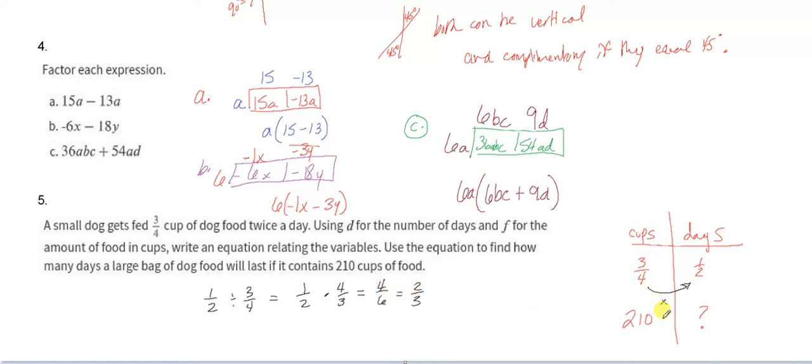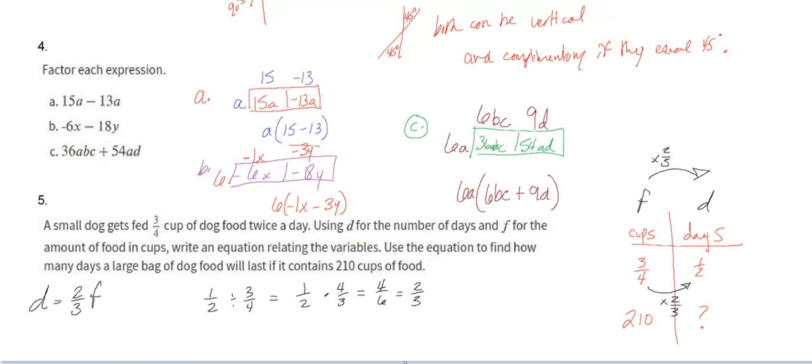So all we have to do is multiply 210 times 2/3. So I guess if F is the amount of food in the cups, then we would take 2/3 of it, and it will tell us. These are F, and days are D, then we would multiply F times 2/3 to get D. So we would say D is 2/3 F.